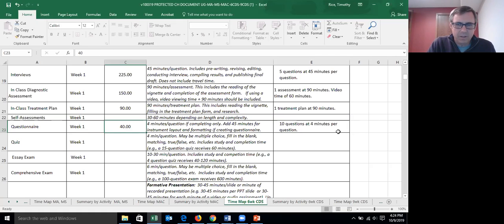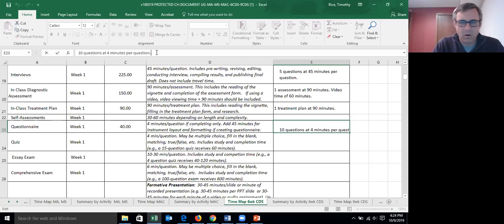But if I were to have a situation where they are actually developing the layout itself, I would have 45 minutes for layout development.